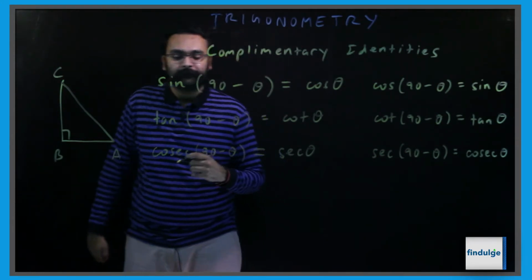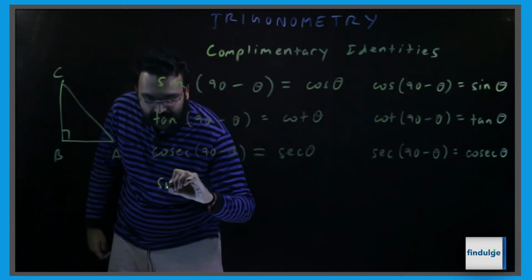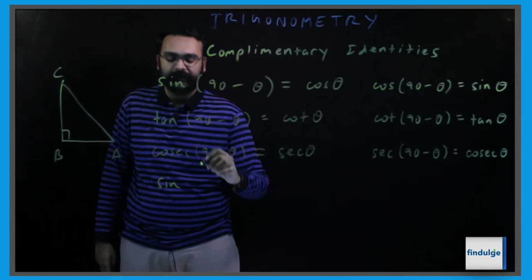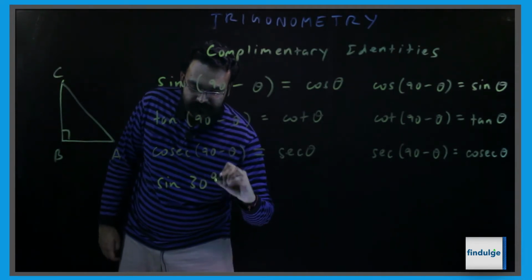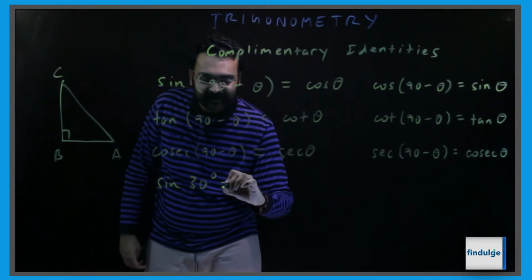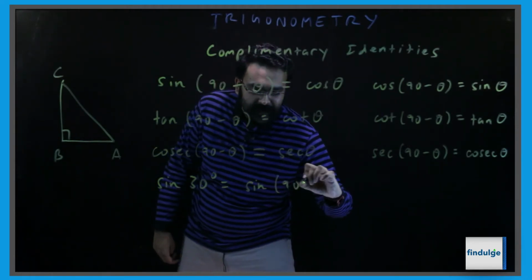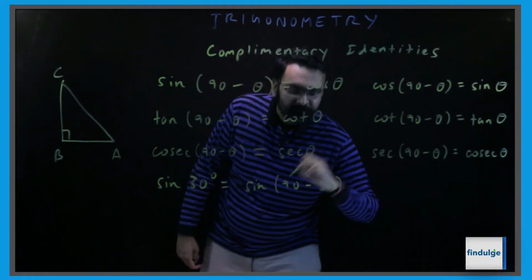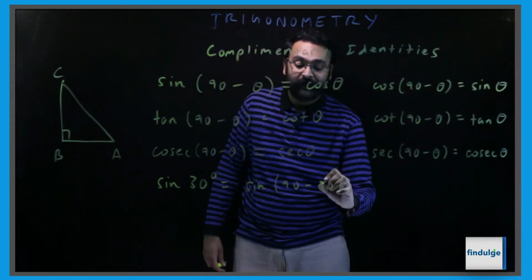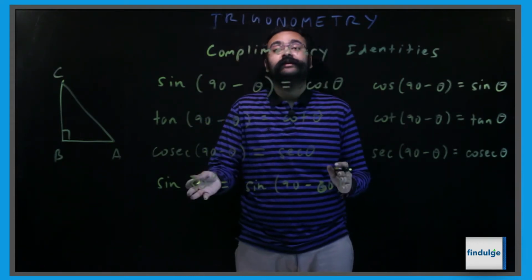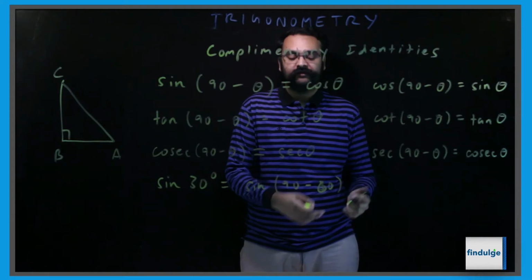Let's do an example. Sine 30 degrees. I rewrite it as sine 90 minus 60, because of course 30 is nothing but 90 minus 60.